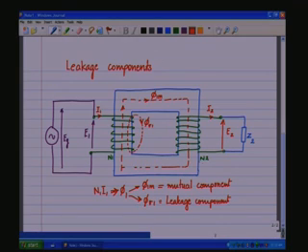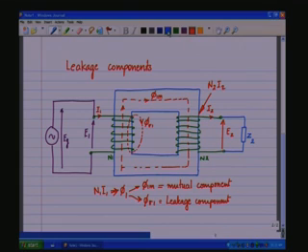Now, there is an ampere turns N2 I2 due to the fact that there is current flowing in this winding, and this N2 I2 is going to give you an opposing flux in the core. Reason being that in the primary the power is flowing into the core, in the secondary the power is flowing out of the core.